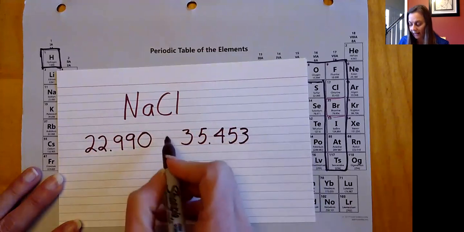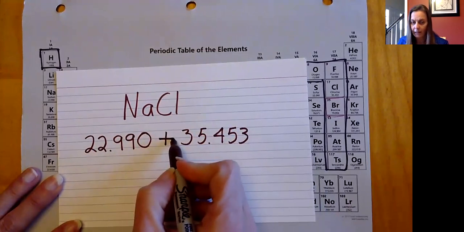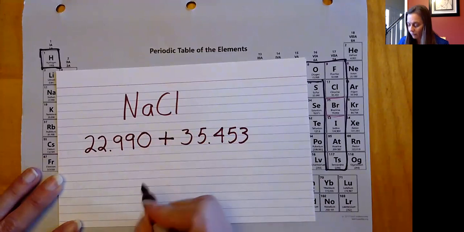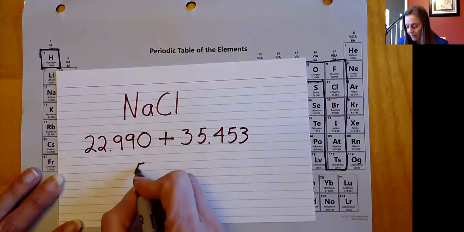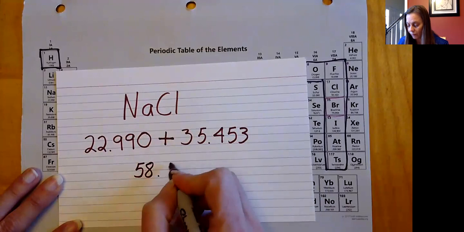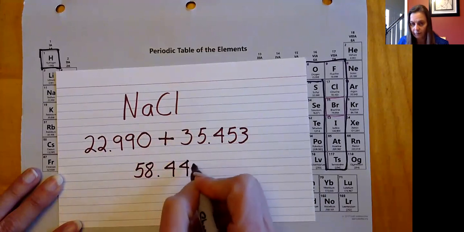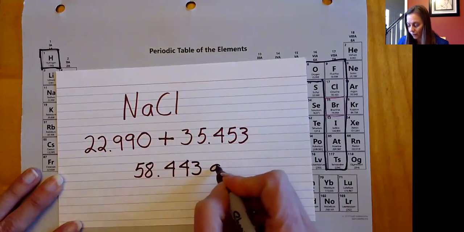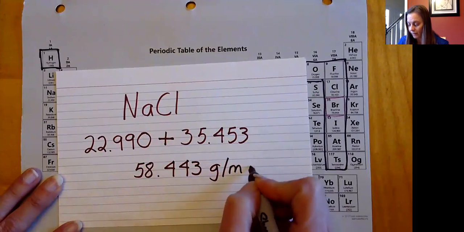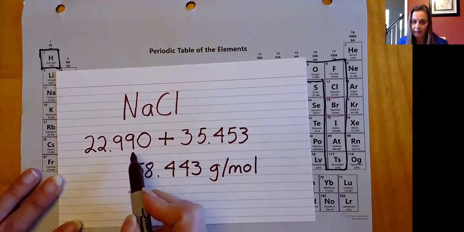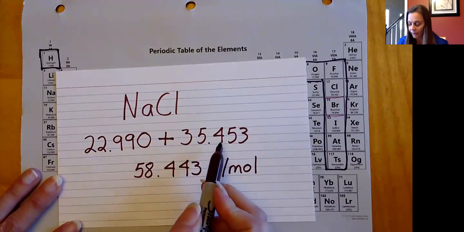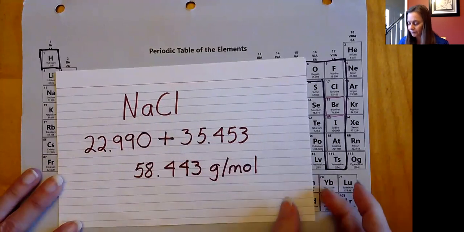And we're just going to add those masses together. And we'll find that the mass of sodium chloride is 58.443 grams per mole. So again, we're just adding up the masses of the component elements.